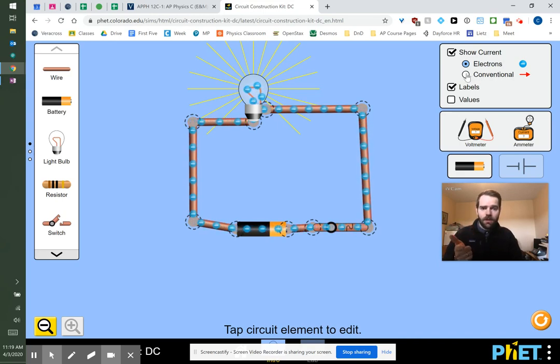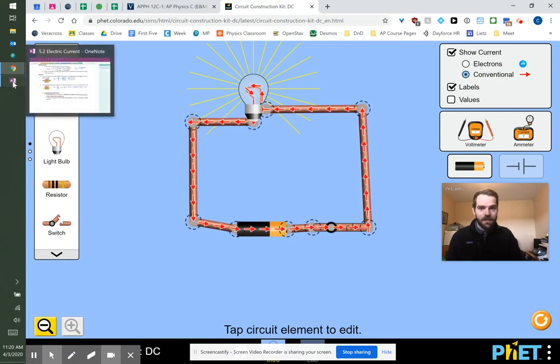The current that we are going to be talking about in this course, anytime I ask about the direction of current, I'm always going to be asking about conventional current. Conventional current, it's the convention. It's what scientists have agreed to use, even though we know we're wrong about what's actually flowing. It's just what has been used and what will continue to be used until somebody can convince scientists as a whole to change their minds about that.